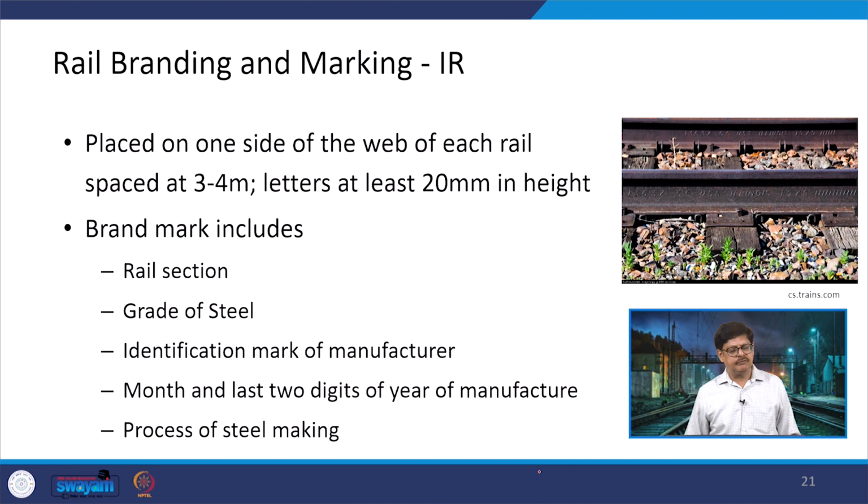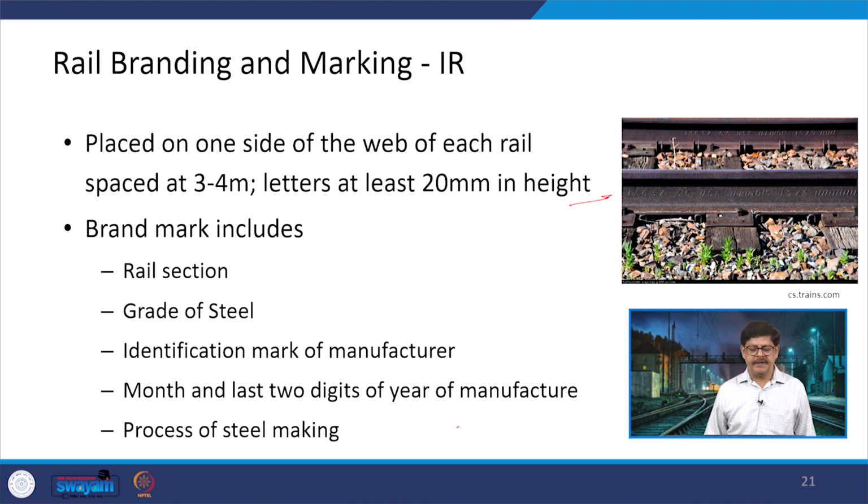Now, another aspect we can talk about is rail branding and marking. This rail branding and marking is done on one side of the web of each rail, spaced at 3 to 4 meters, and the height of the letters is 20 mm. If you look closely at this rail section which is being shown here, there is something inscribed, and that is the branding, which tells us what type of rail this is, where it has come from and how it can be used.